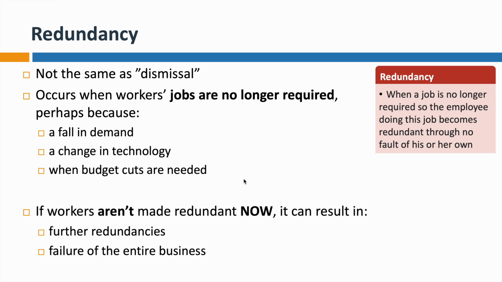Sometimes businesses need to cut their costs. They need to streamline their operations. When there are budget cuts needed, when there's change in technology, when there's a fall in demand, then you can make certain jobs and certain people redundant.